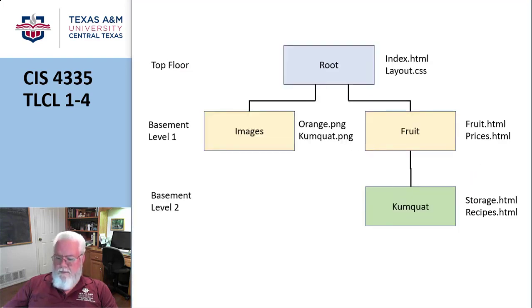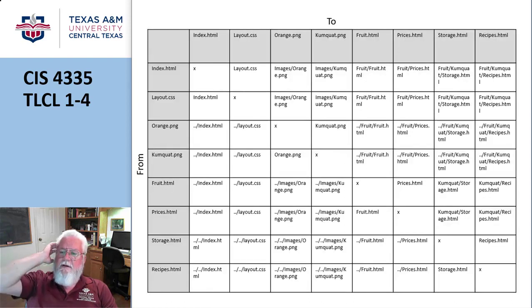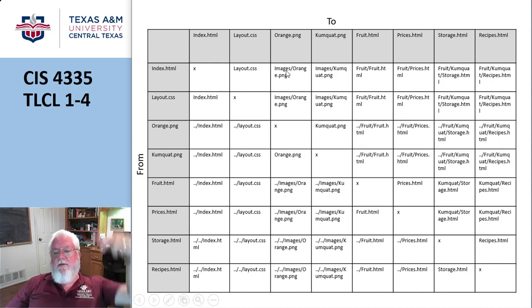This is basically a chart that says if I'm currently at index and I want to go to orange, I would have to go down. So this is from and to. If I'm down here at recipes and I want to go to index HTML, I'll have to go up. If I'm at prices, I'd have to go up.